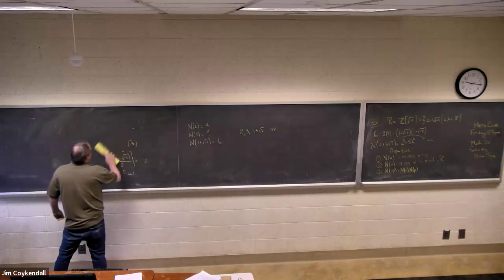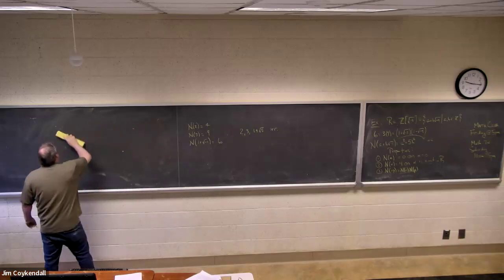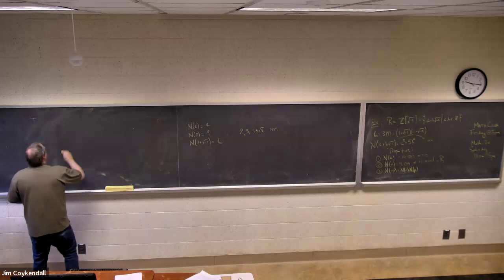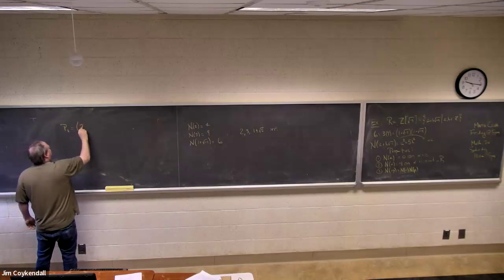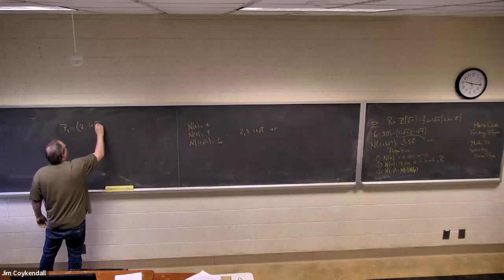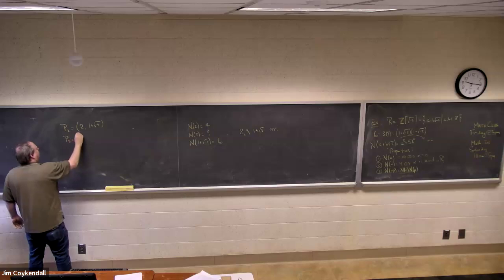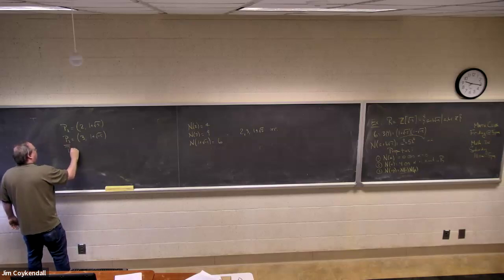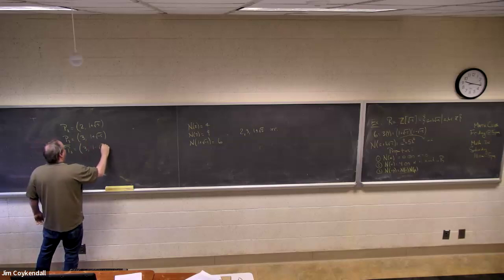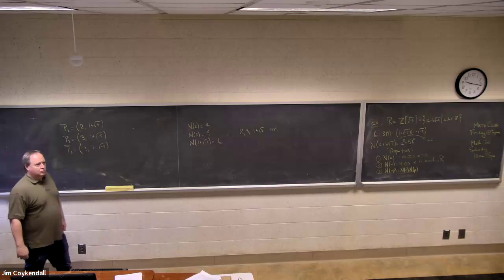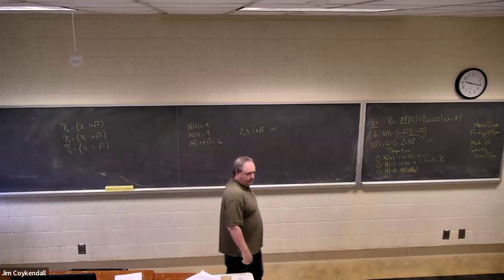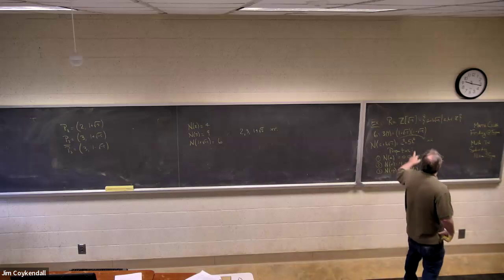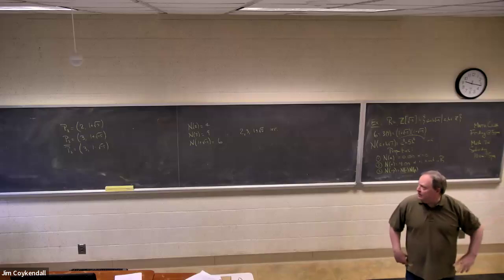I want us to consider some ideals. I'm going to consider these three ideals in this ring. The first one is generated by two and the element one plus radical negative five.